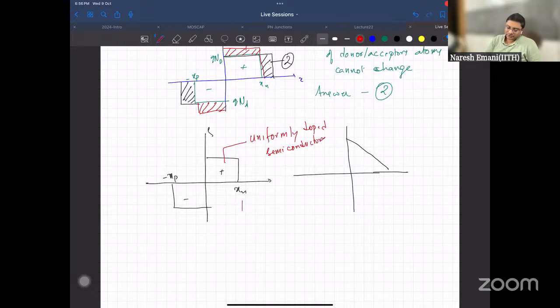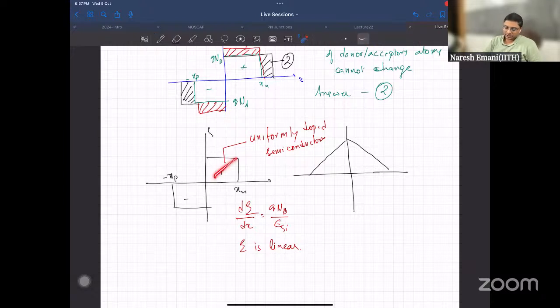The governing equation is dE by dx equals Q NA or ND by epsilon. Correct. So the electric field E is linear. With me so far?